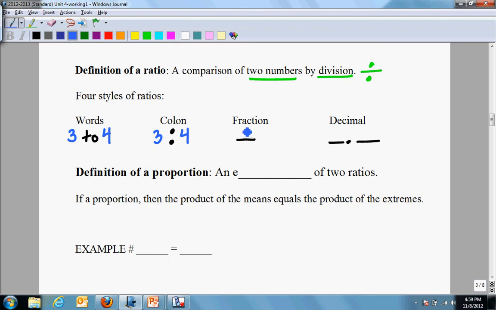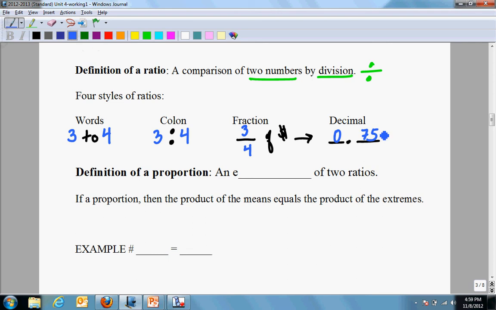The fraction, 3 over 4, is a ratio. And if you divide 3 by 4, or you just ask yourselves, what is 3/4 of $1? That'll give you the decimal. 3/4 of $1 is 0.75. So there are different styles in which we can encounter ratios.